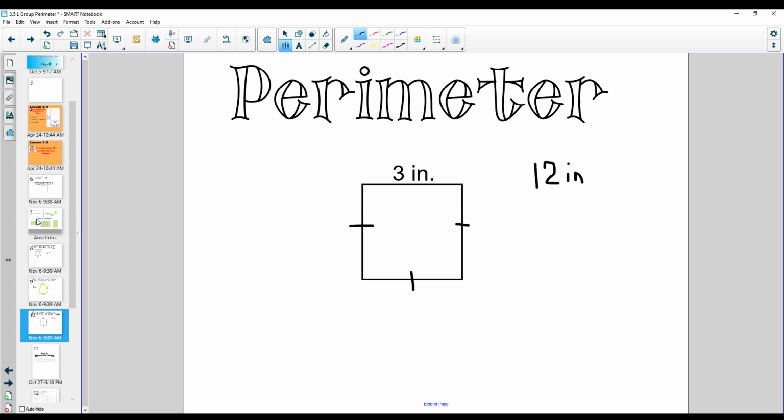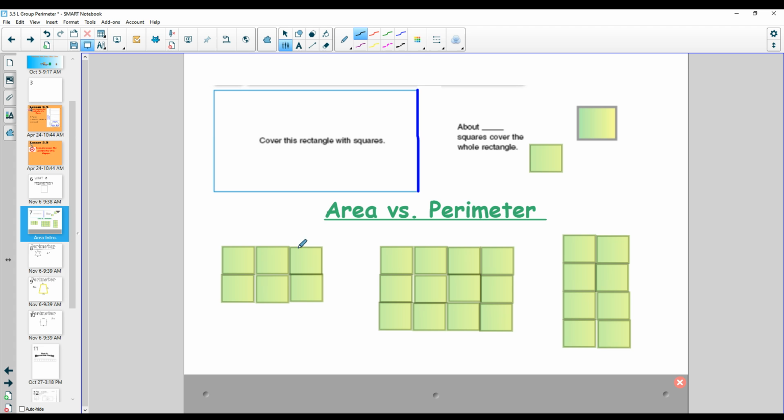Now, just to give you a heads up, when we're thinking perimeter, there's another word, area. Area is the inside. Perimeter is around the outside. So when we're trying to find a perimeter and we can't measure it, we would count the lines.